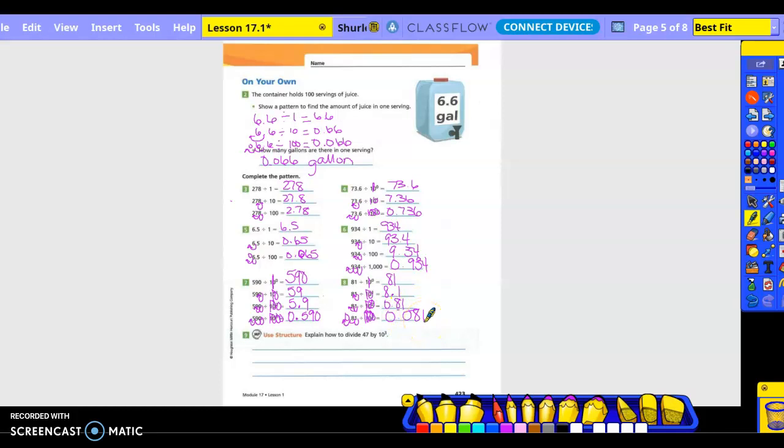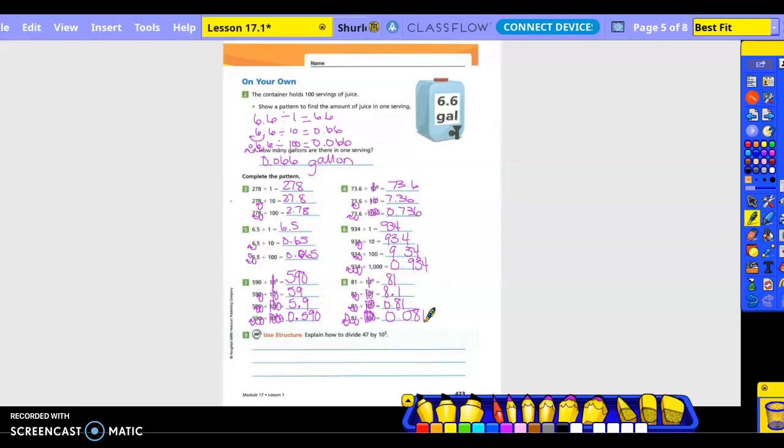Okay. Explain how to divide 47 by 10 to the third power. So 10 to the third power would be what? 1,000. So I would put my decimal at the end of the 7, and then I am dividing. So am I going to go to the left or the right? You go to the left. How many zeros do we have? 3 places. So I would move it 3 places to the left.